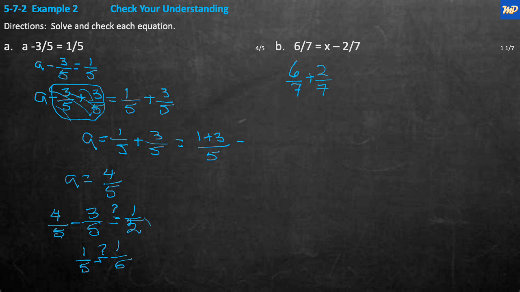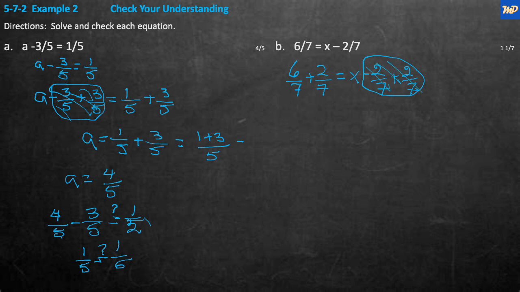Why plus 2/7? Because we have a negative 2/7. We have to add 2/7 to each side to get rid of the negative. They have to cancel out and become 0 on the right-hand side. Equals x minus 2/7 plus 2/7. And this pair of numbers right here will disappear. Goodbye.